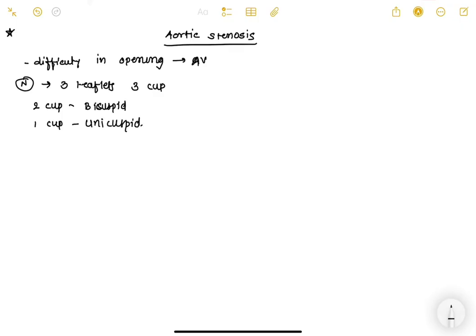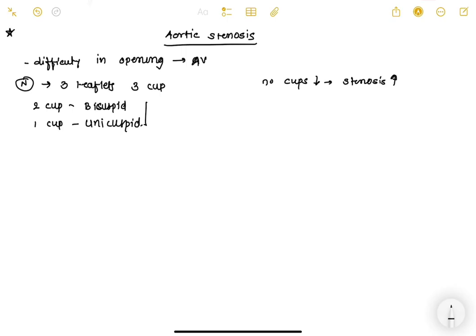So these are the abnormal valves, and normally it's 3 cusps. Now as the number of cusps decreases, the stenosis increases.